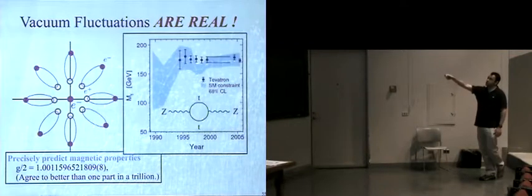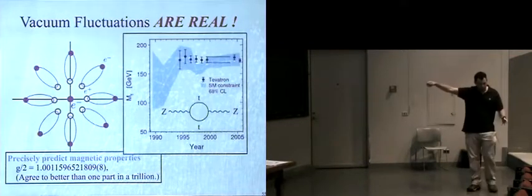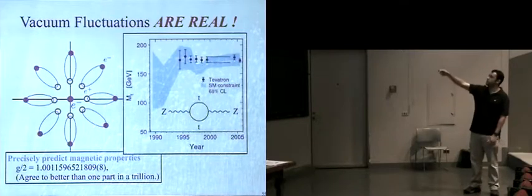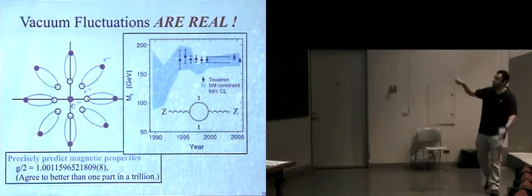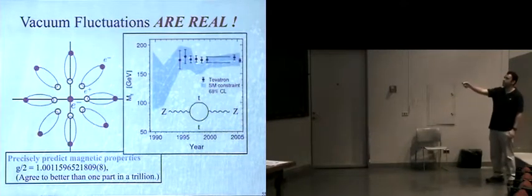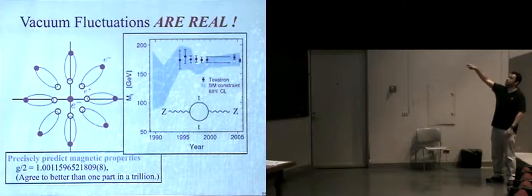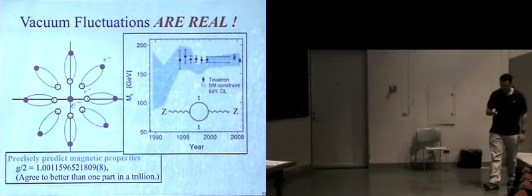We also saw this in predicting that there should be a particle in the theory. Before the top quark was discovered, you could infer that there had to be a top quark by something that was just like a vacuum fluctuation that modified the Z boson mass. That's what we saw here. This is before the top quark was discovered in 95. Before that, you had this prediction from assuming that these vacuum fluctuations were real: you can predict that there should be a top quark, and this is what the mass should be, and it exactly agrees with what we found.